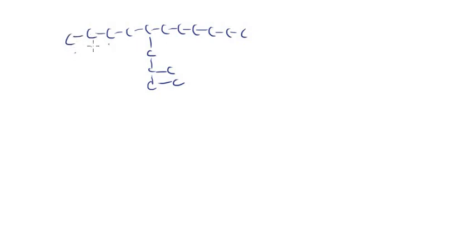Now moving further, let's take some more examples. 1, 2, 3, 4, 5, 6, 7, 8, 9. As we look for the longest carbon chain, 1, 2, 3, 4, 5, 6, 7, 8, 9, 10. Let's remove 1 carbon to make it simple.